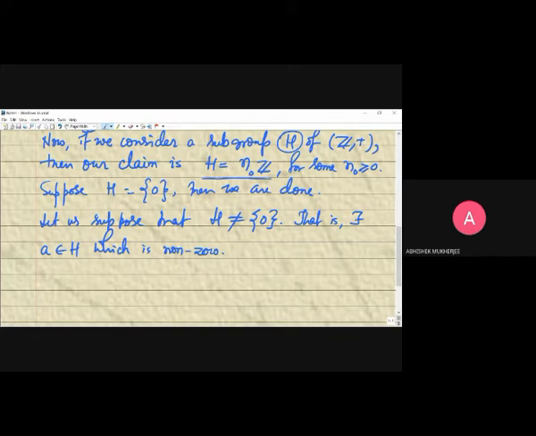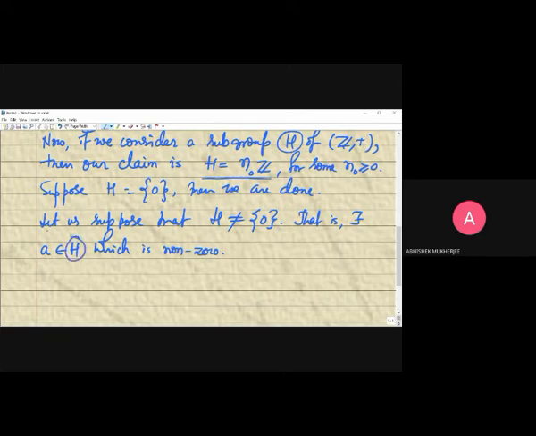Now this A may be less than 0 or strictly greater than 0. Either A is strictly less than 0 or A is strictly greater than 0. If A is strictly greater than 0, then we do not need to go further. But if A is strictly less than 0, then we consider the additive inverse of A, that is minus A.